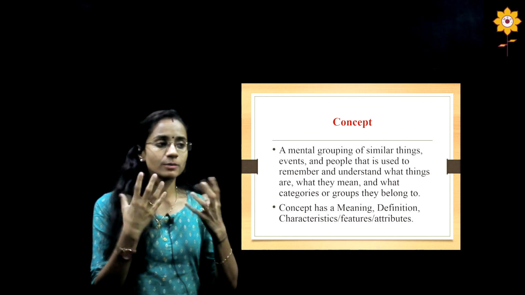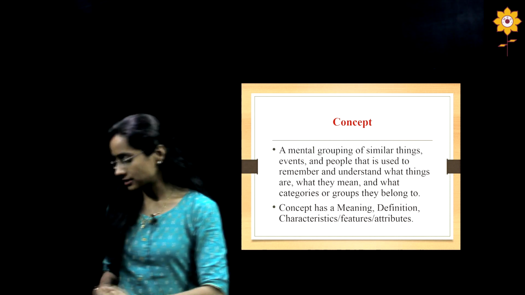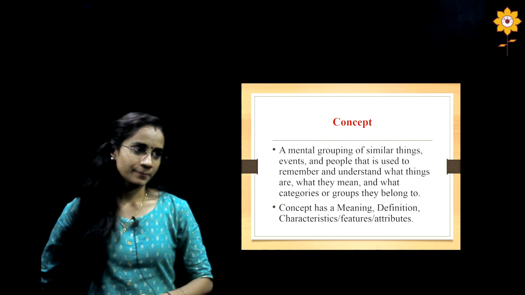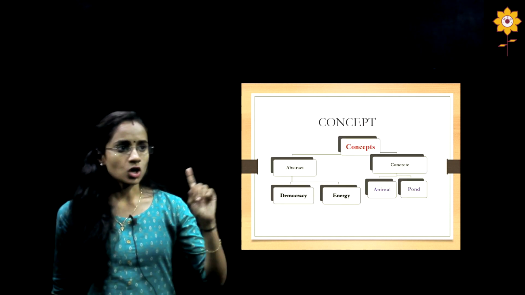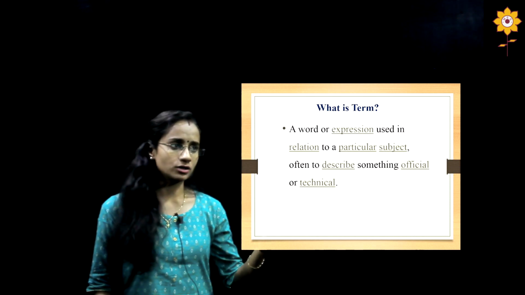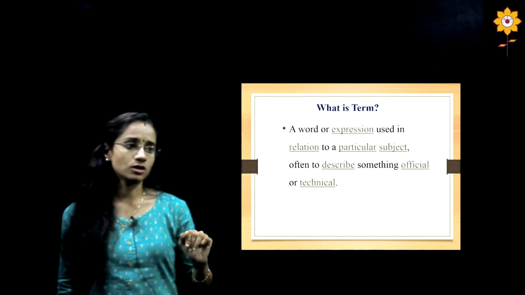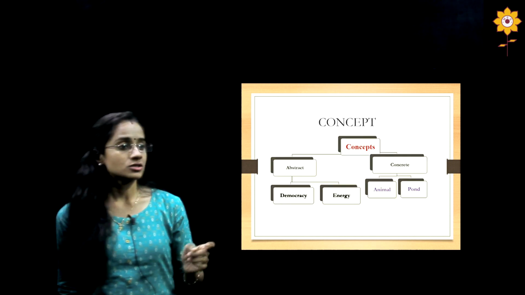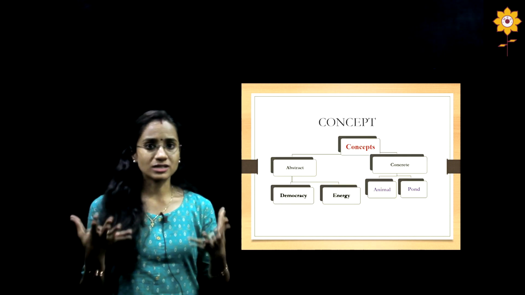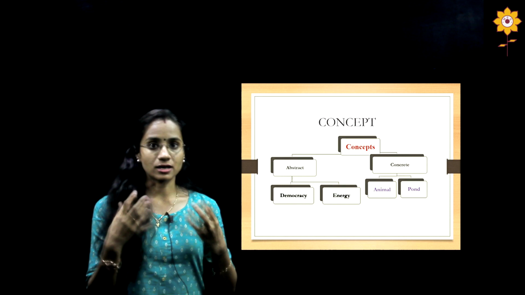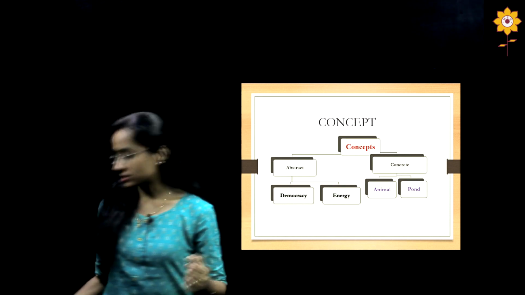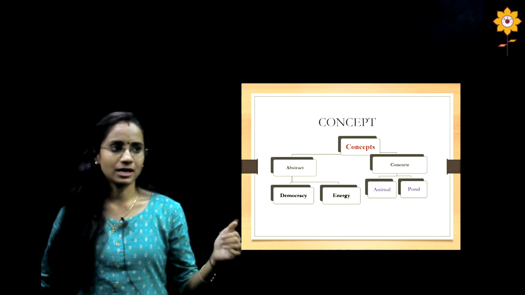Whenever you're talking about a concept, these are the things that you will keep in mind. Concepts can be abstract and concrete. Abstract concepts are like democracy and energy, which cannot be seen, whereas concrete concepts are, for example, animal and pond.